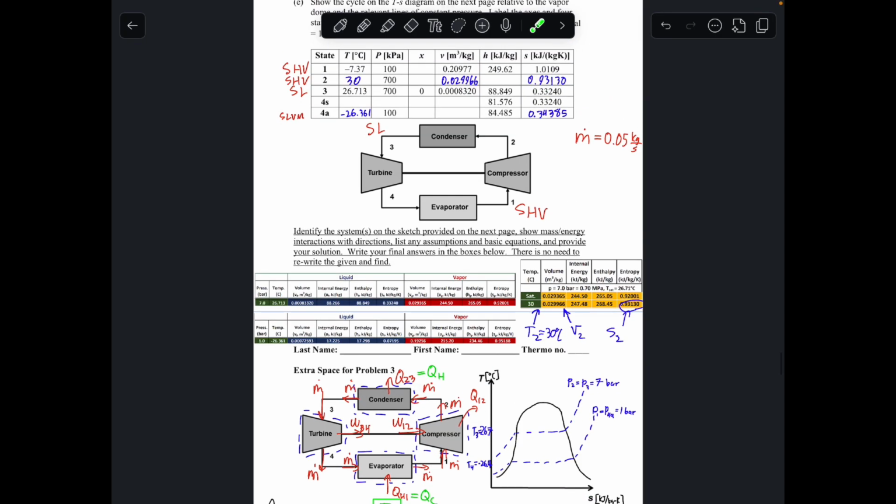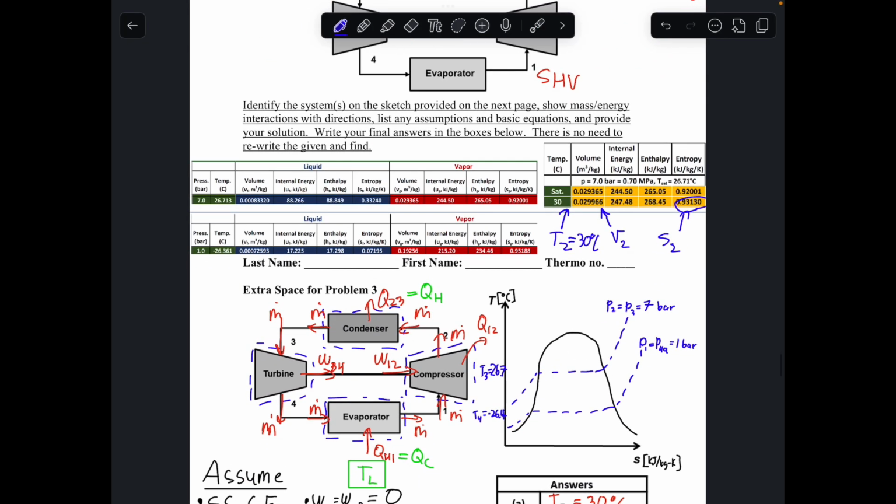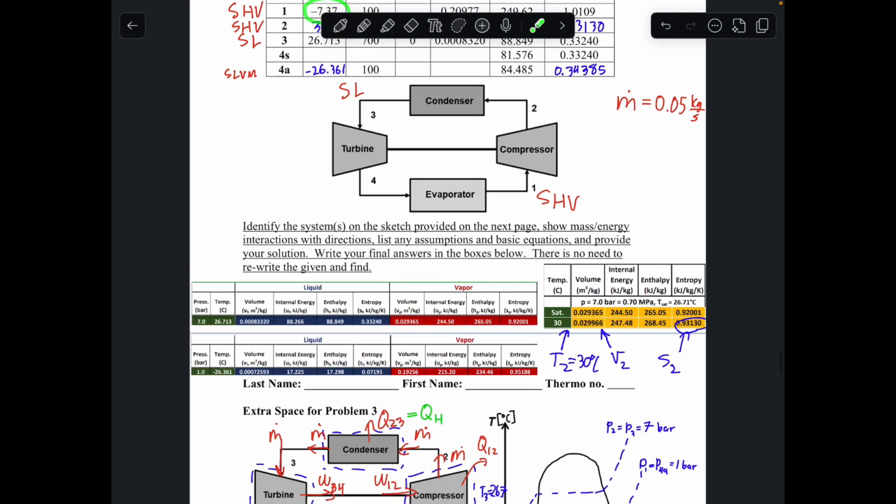And the temperature that we are given at state 1 is negative 7.37, which is somewhere in between this negative 26 and this positive 26 value. So maybe we'll be somewhere around here. So I'll just draw in that temperature somewhere around here. T1 is equal to, again, negative 7.4.